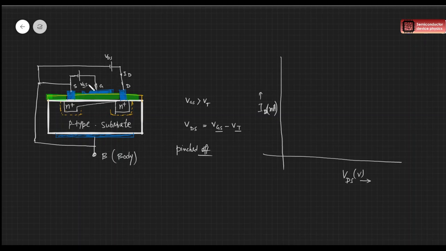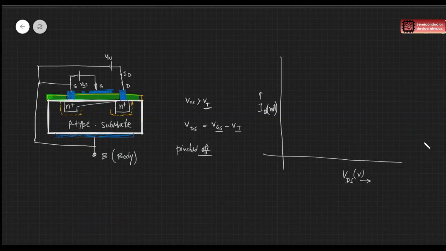Now as you keep increasing VGS, when you cross the threshold voltage, the channel forms and the current starts flowing. The drain current keeps increasing, but for a constant VGS, even if it is greater than the threshold voltage, if you keep increasing VDS, the channel width gets reduced. This pinch-off condition happens, and at the end the current gets saturated. So let me just draw the IV characteristics and explain once again.